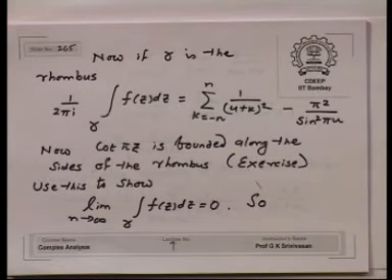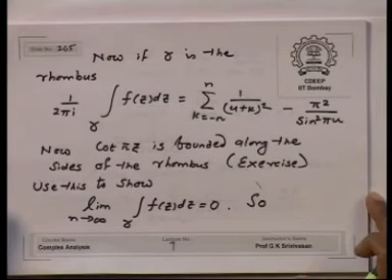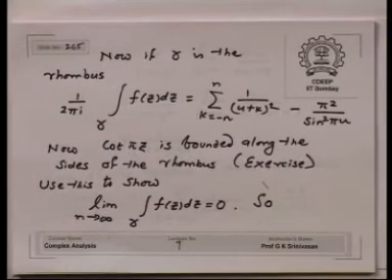Put down the value and check that cot pi z is bounded. And then you have to show further that the limit as n tends to infinity of the integral over gamma of f z dz is 0, because f z is bounded, correct.